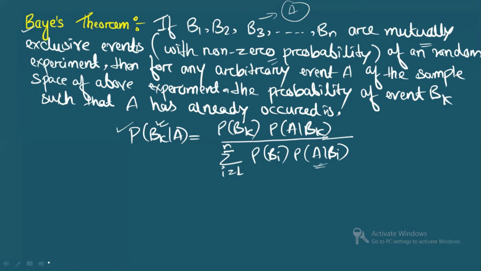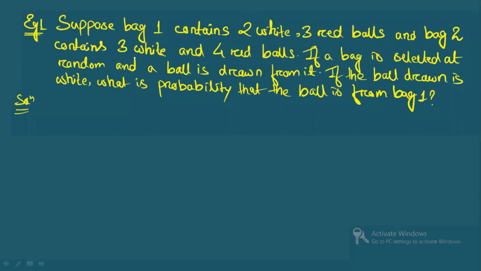Now let's see the first problem. So here it is said, suppose bag 1 contains 2 white and 3 red balls, and bag 2 contains 3 white and 4 red balls. If a bag is selected at random and a ball is drawn from it, and the ball drawn is white, what is the probability that the ball is from bag 1? So what are the things given in the question?